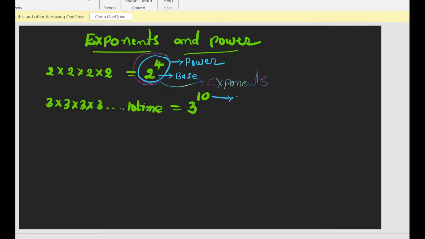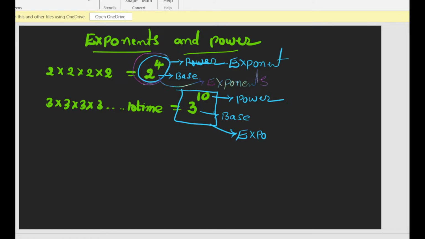Here 10 is the power, 3 is the base, and this complete term we call an exponent. Sorry, it is exponent.